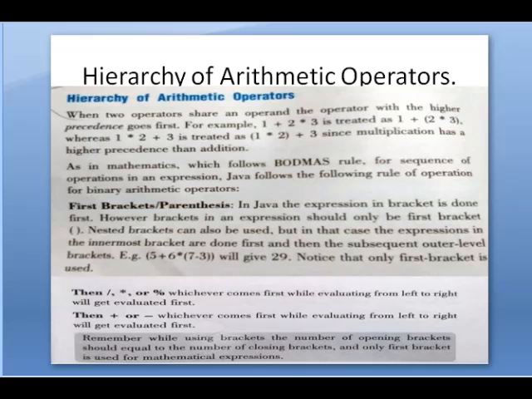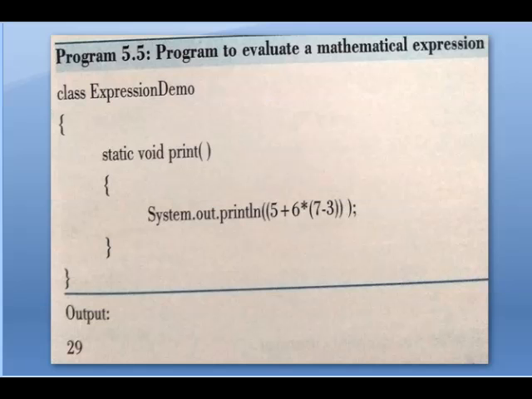So students, this is the example program to evaluate the mathematical expression. It is in your book, page number 71. See, class name ExpressionDemo, then static void print. This is the System.out.println. Whatever is inside the bracket of the statement System.out.println is displayed on your terminal window.